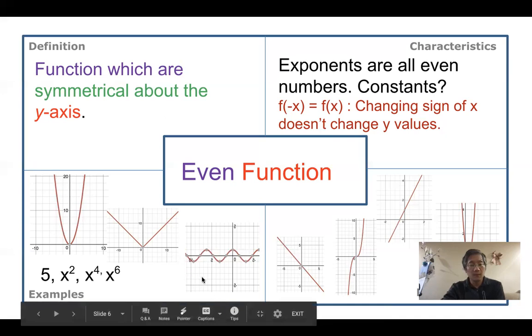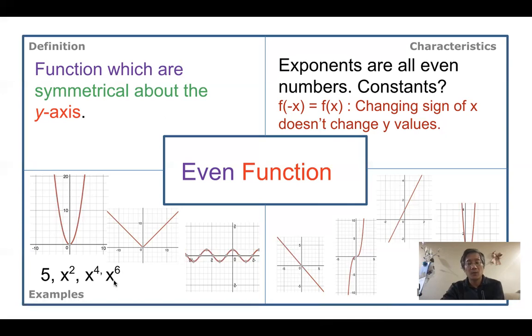So for example, if you see 5, x squared, x to the fourth power, x to the sixth power, they are all even exponents, all even numbers, right? Even degree functions. 5, if you remember, is x to the 0 power, degree 0 for the numbers.